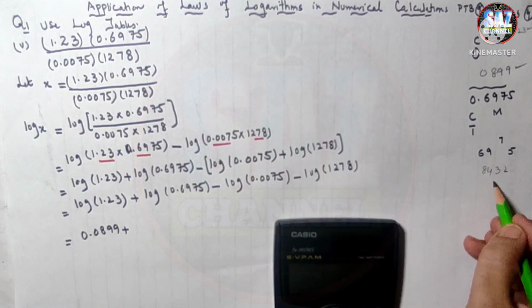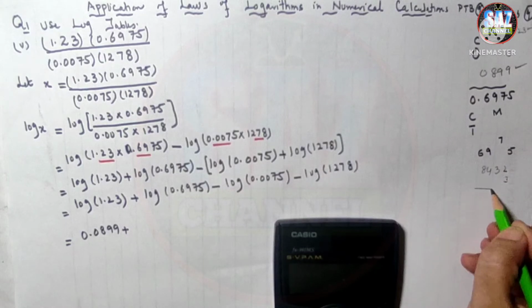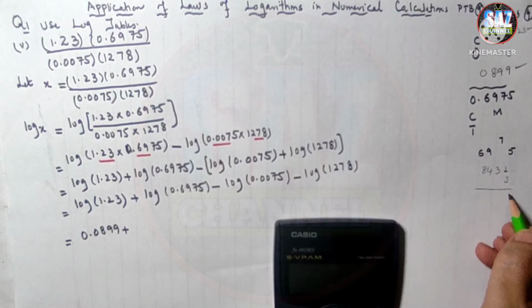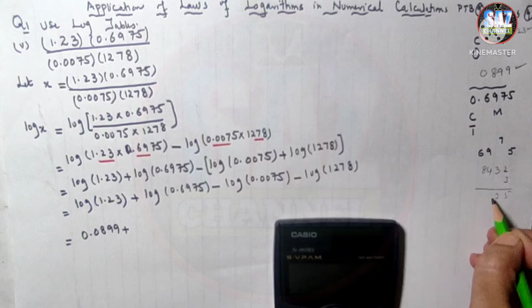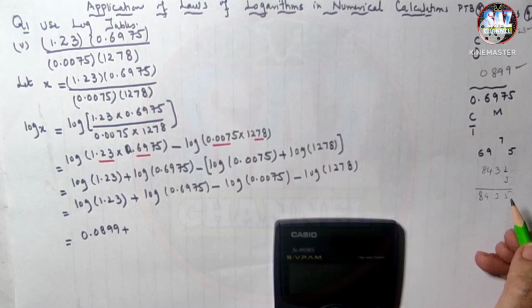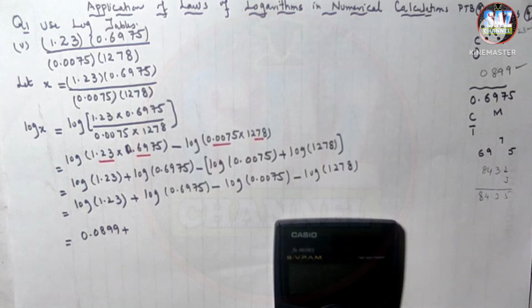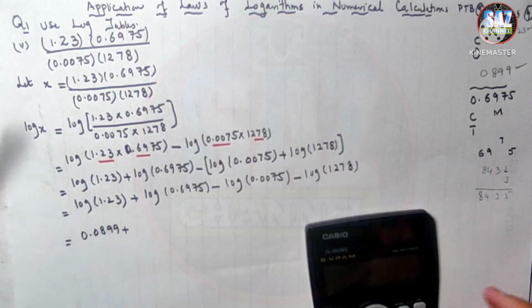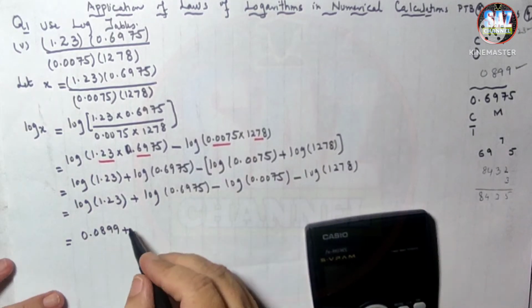Then I have to add up these numbers, and this becomes 8435.